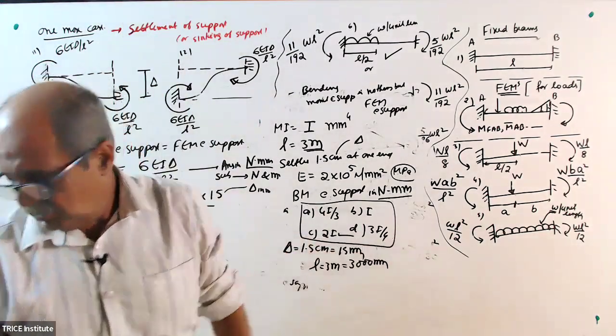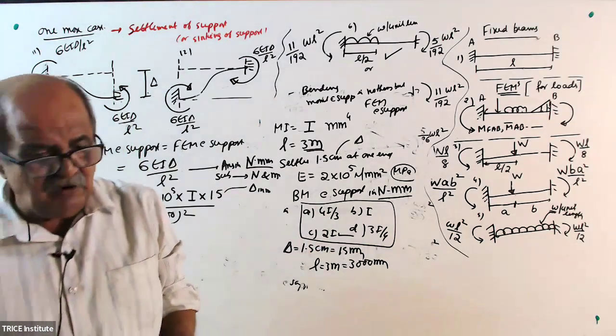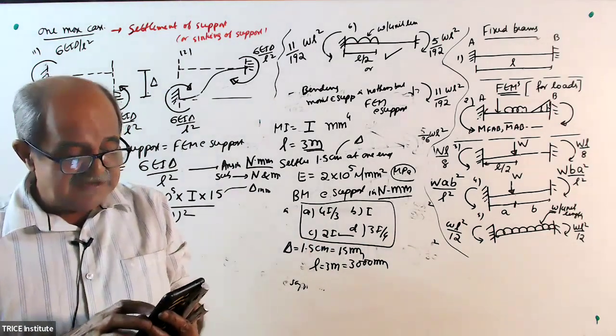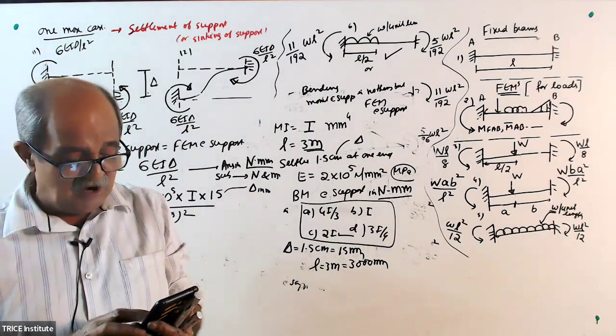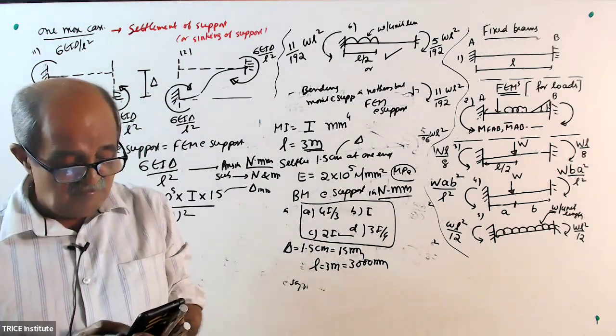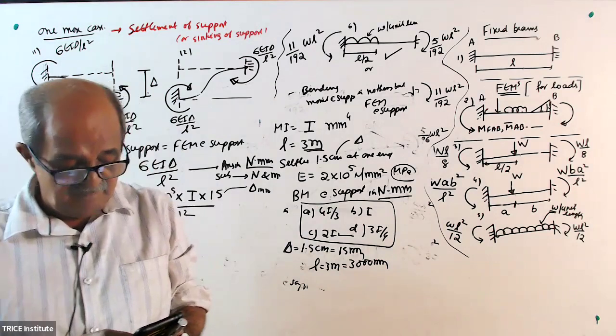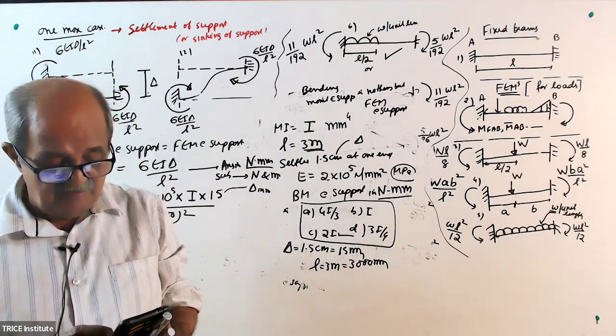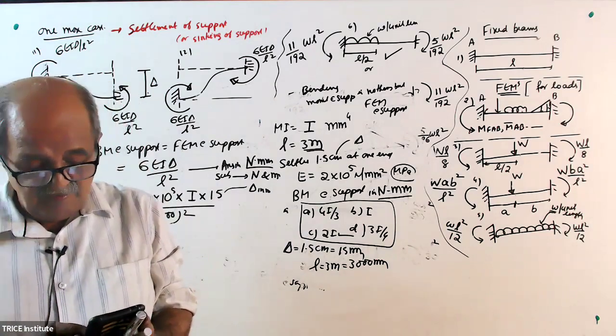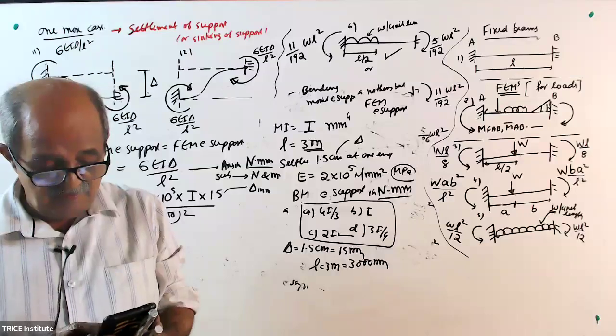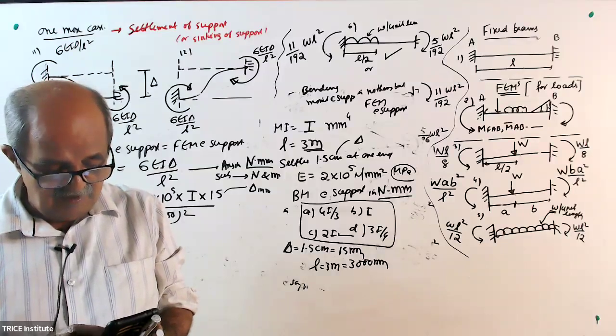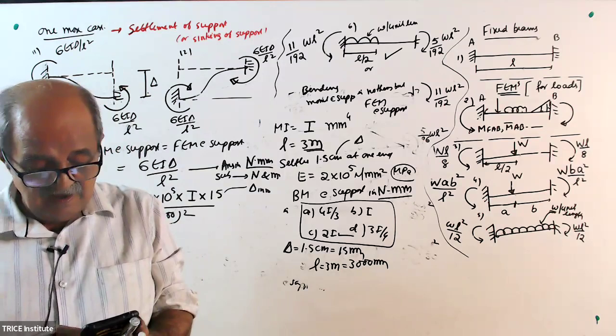This is the question. Okay, now let me see if any other question is there for a fixed time moment. Chapter I cannot change because time is not there. Plenty of questions are there.